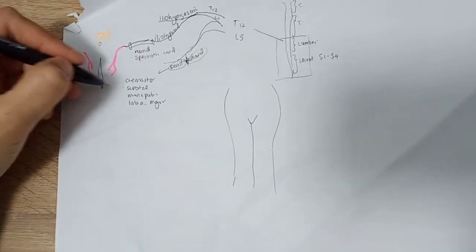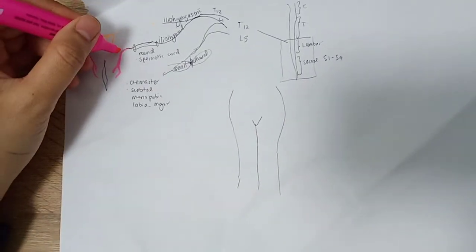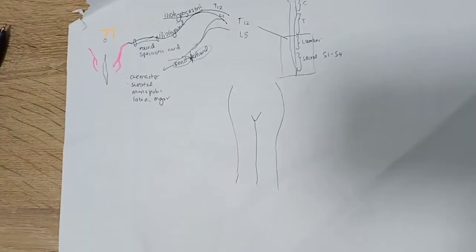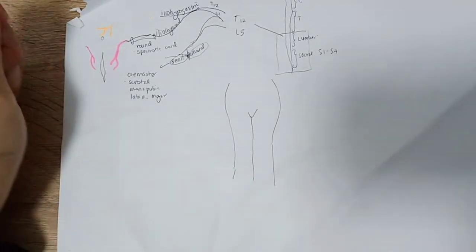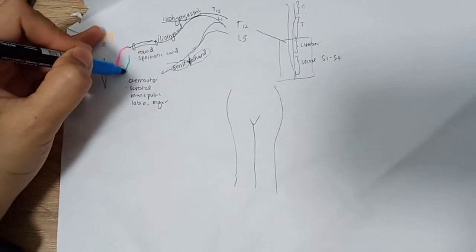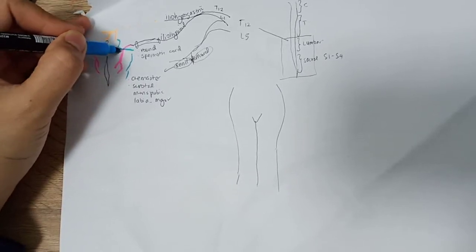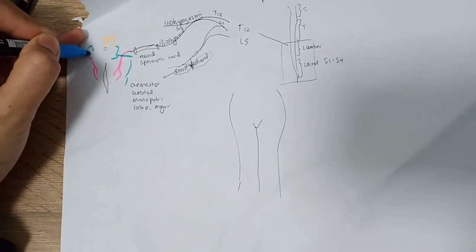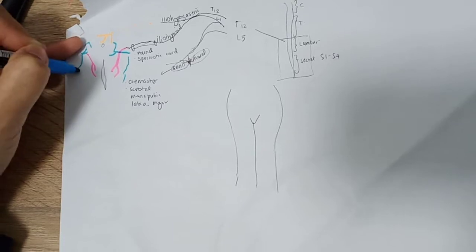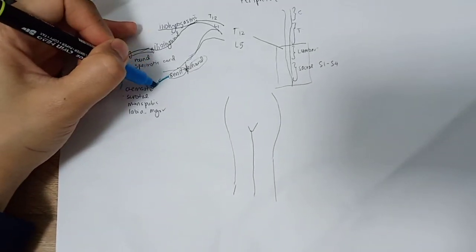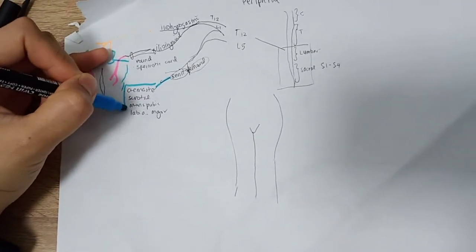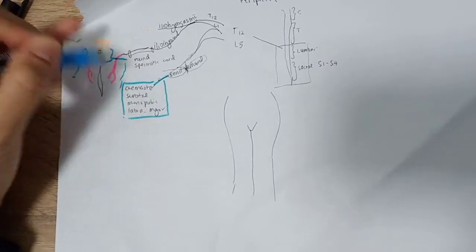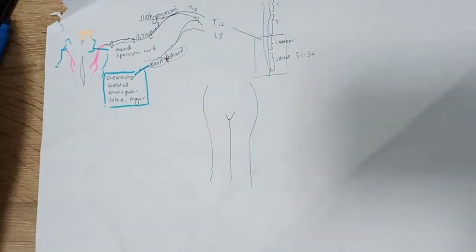So basically it gives some innervations to here. Sorry, this is the genitofemoral. So it also gives some innervations to the mons pubis and also the labia majora. So let's sketch here.